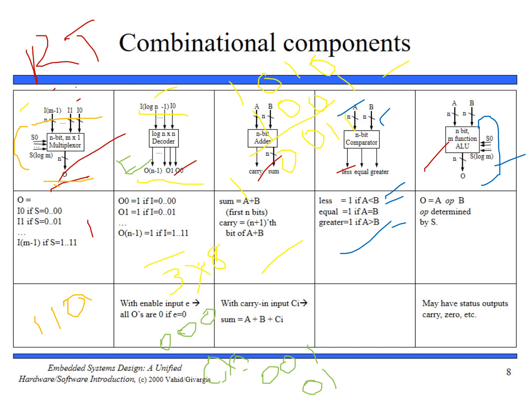Okay. So finally there is another common register transfer level component which is not shown here, a shifter. Now listen carefully. An n-bit input I can be shifted left or right and then output to an output.